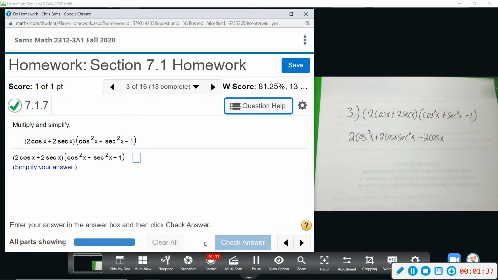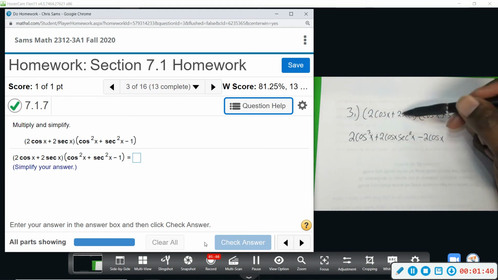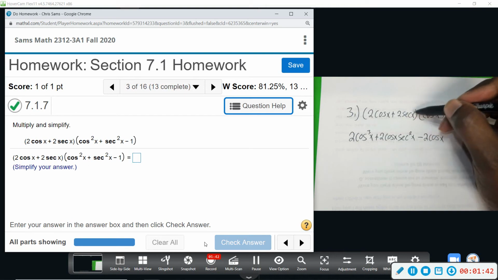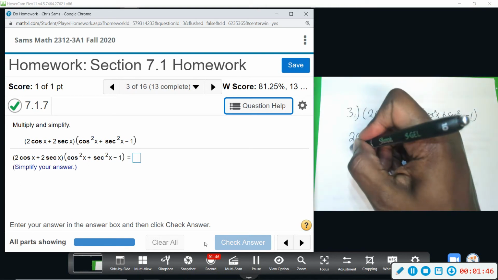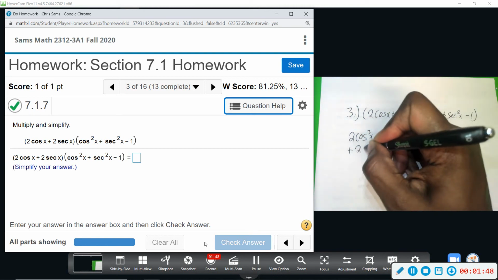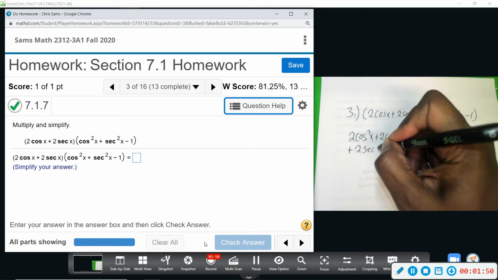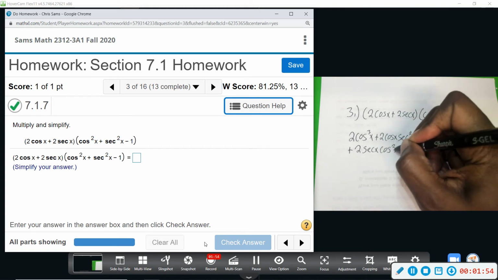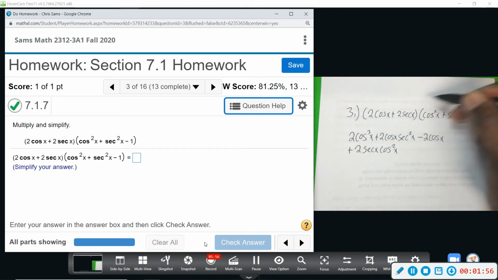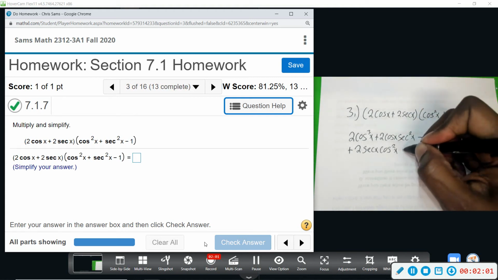Now I'm going to run out of room, so I'm going to drop down to the next line and do the secant. So 2 secant x times cosine squared x will give us plus 2 secant x cosine squared x. And then 2 secant x times secant squared x will give us 2 secant cubed x.